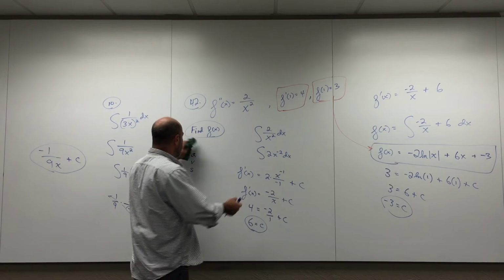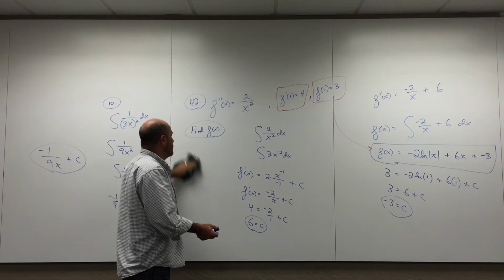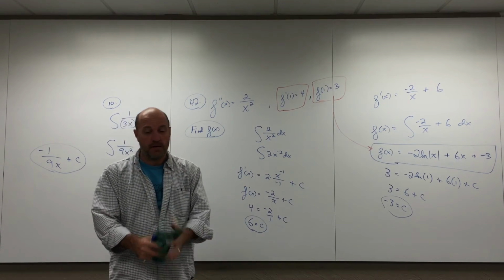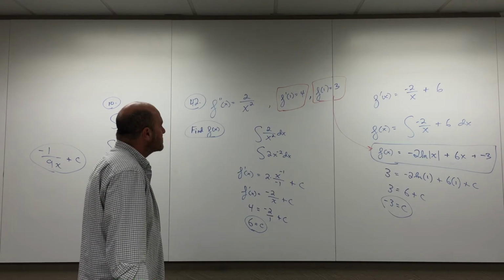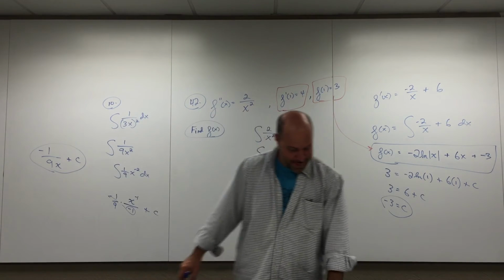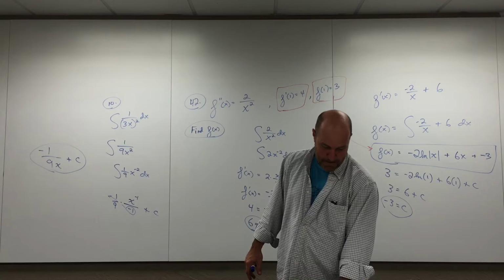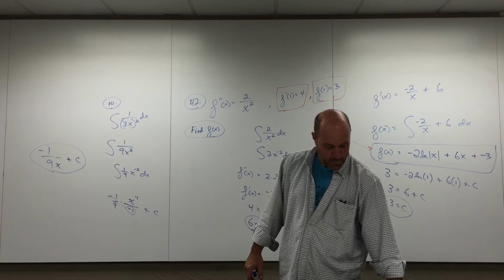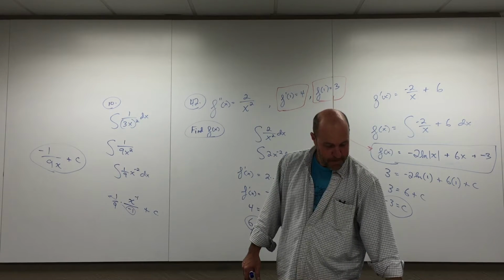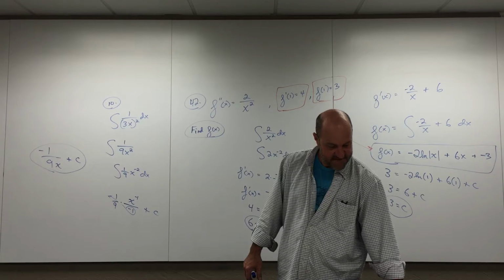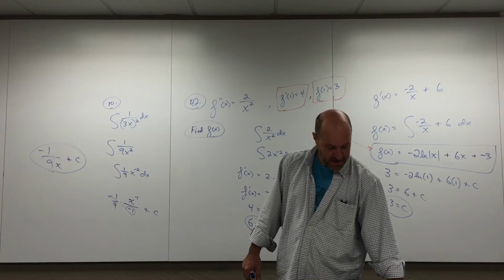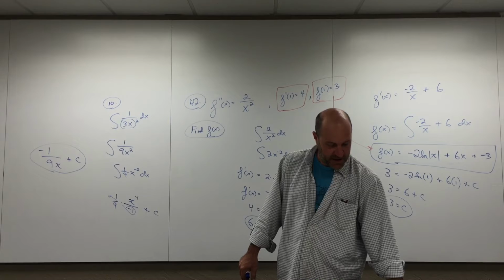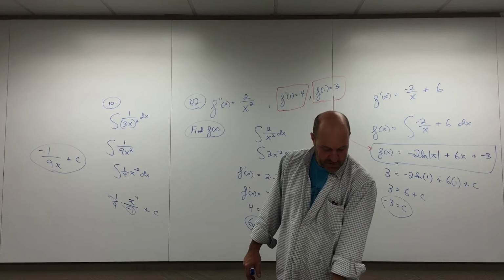Toward the end of 5.1, there's some good word problems like that. There's some other good word problems that aren't acceleration. There's a 51 and a 52 that are good.